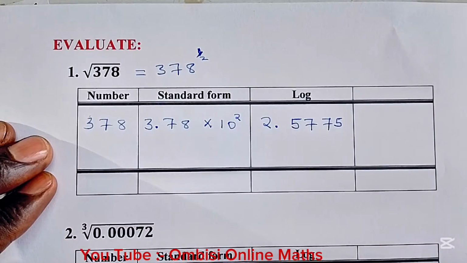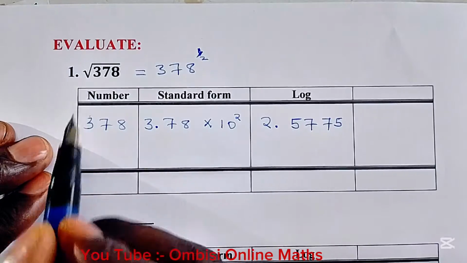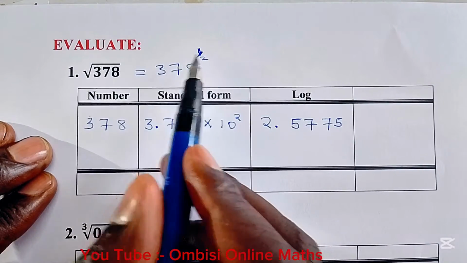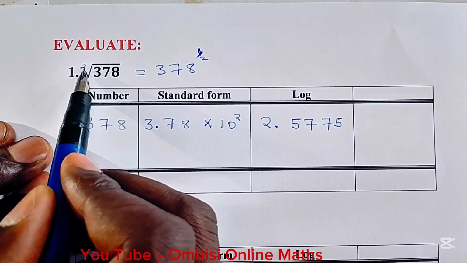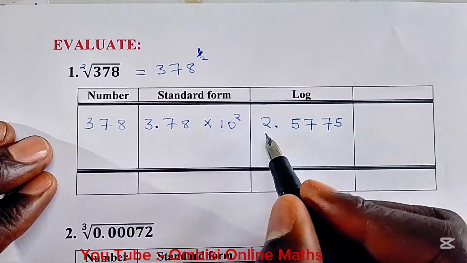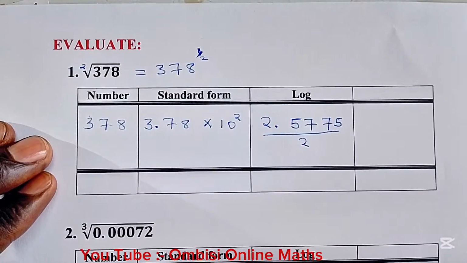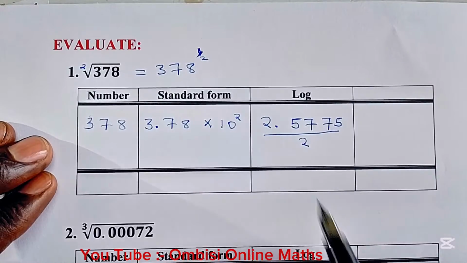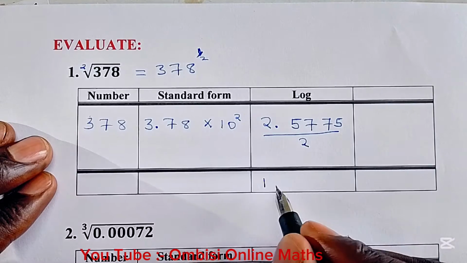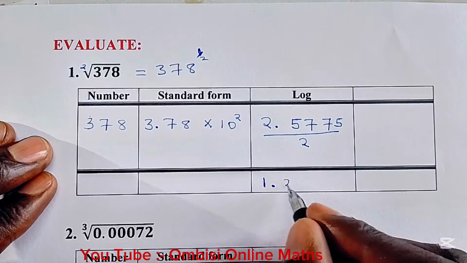Now, because we are finding the square root, it is raised to a half, so it is order 2. Square root is order 2. Then this number you multiply with a half, or in this case, you just divide by 2. So multiplication by a half is the same as division by 2. So 2 goes here, 1 point. 2 into 5, it is 2.